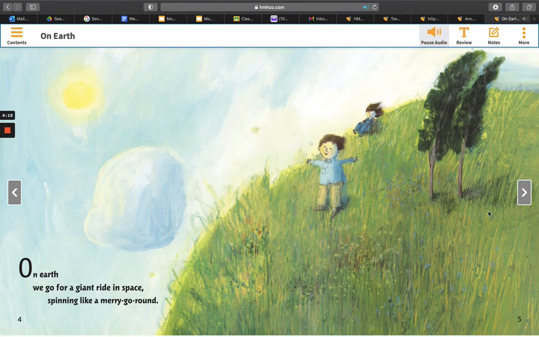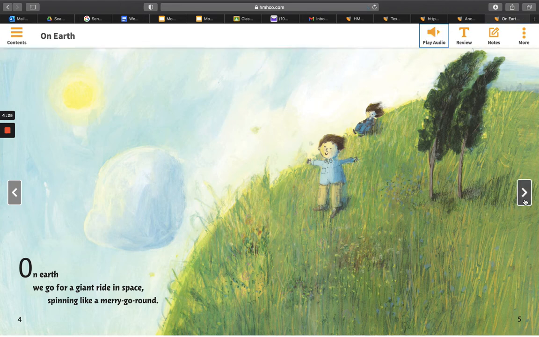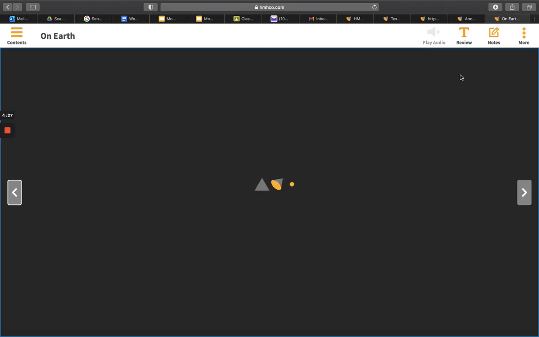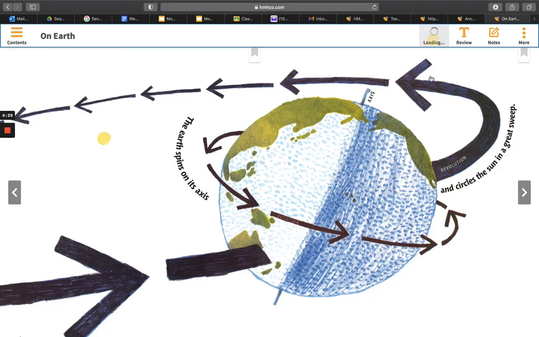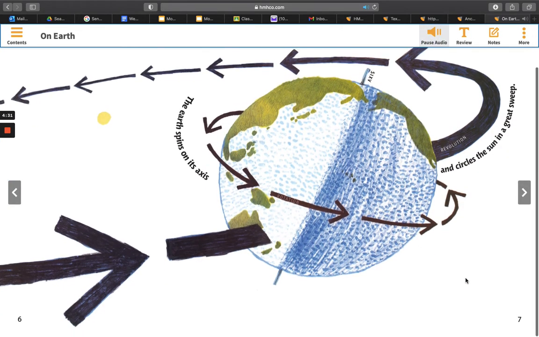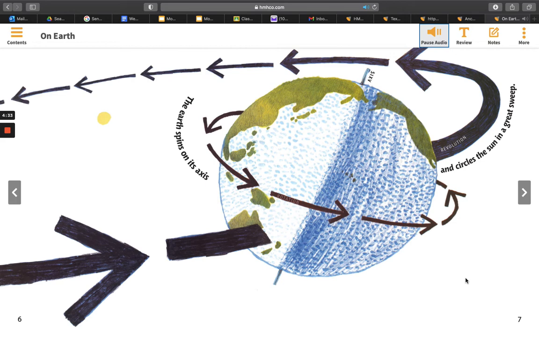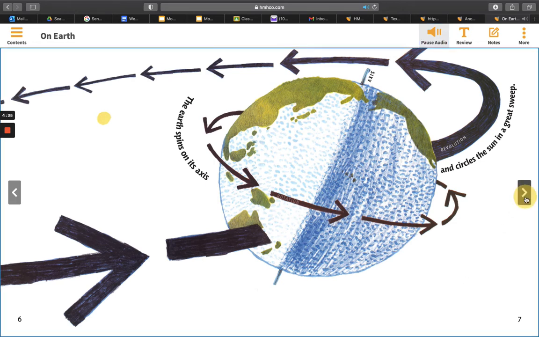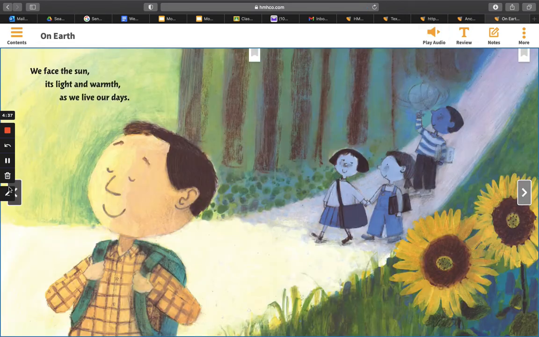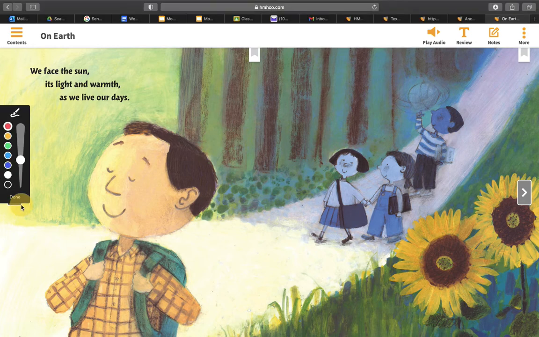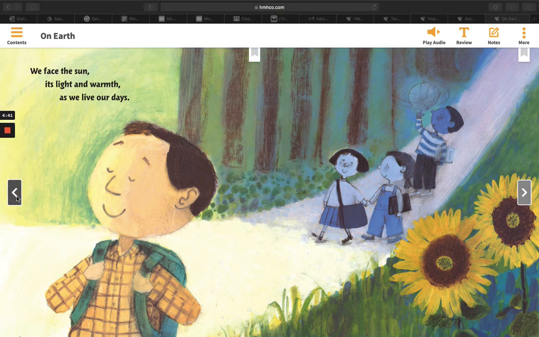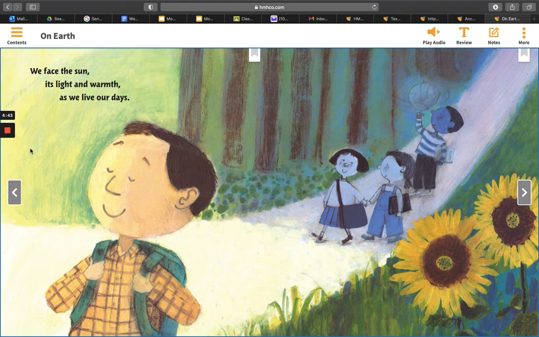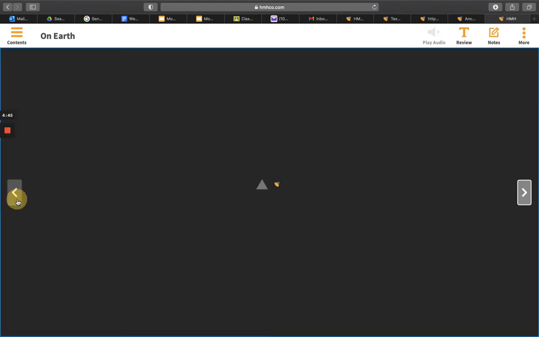On Earth, we go for a giant ride in space, spinning like a merry-go-round. The Earth spins on its axis and circles the sun in a great sweep. Hold on. Let's go back a second. I went too fast.